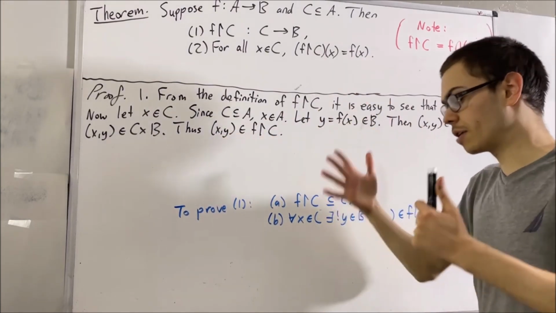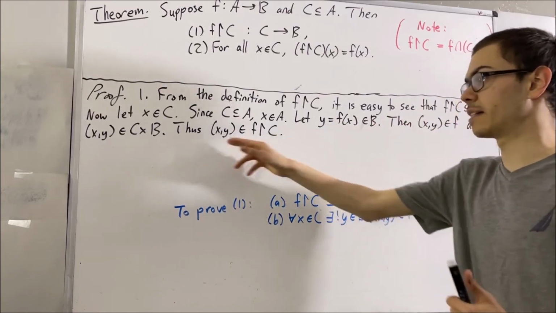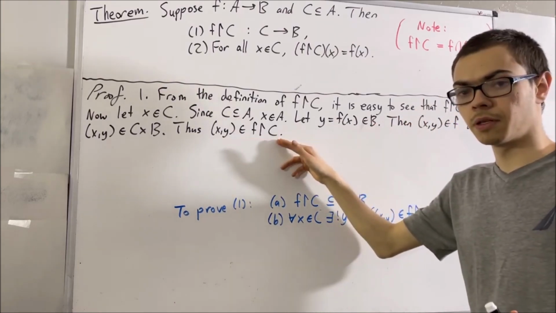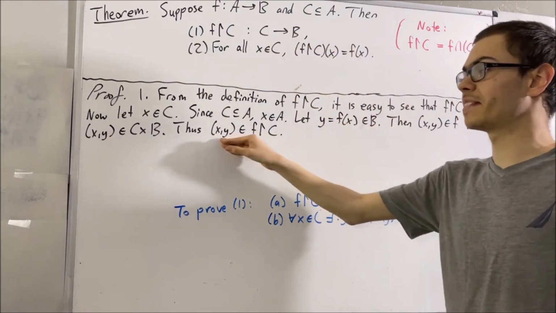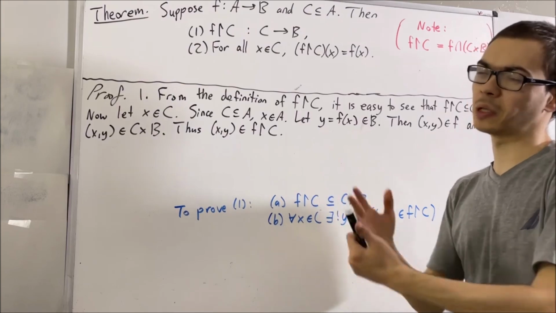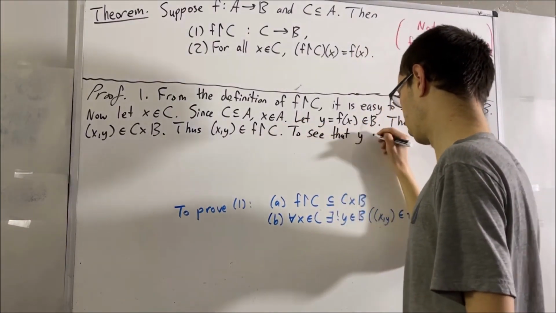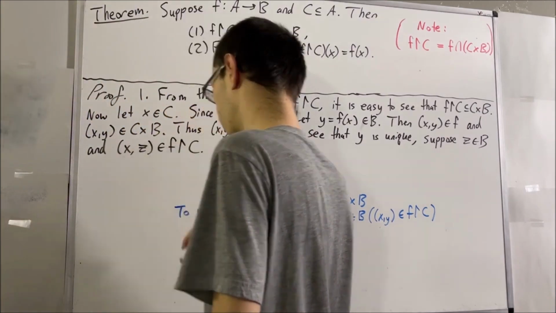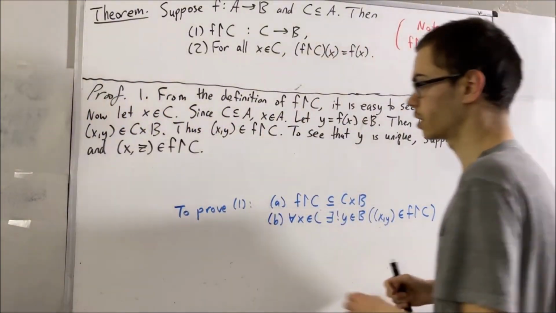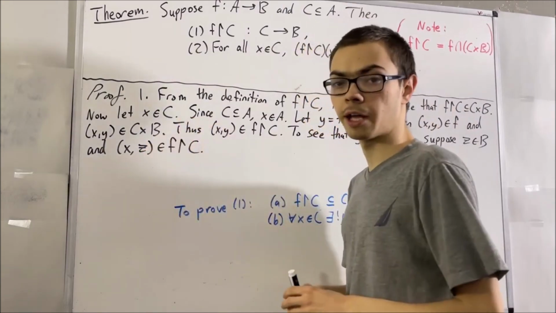And that would tell us y is the only element in B that satisfies this condition. So give me an arbitrary element in B that satisfies this same condition as y. I'll call it z. Our goal is to deduce that z is equal to y.